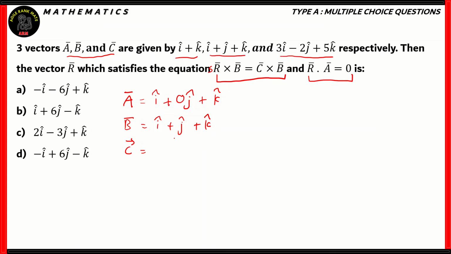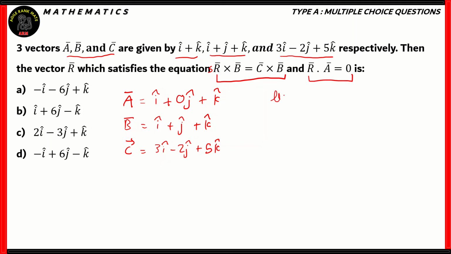The vector C is given by 3i minus 2j plus 5k. We know the values of the vectors A, B, and C because they're given. We don't know the value of the vector r just yet.